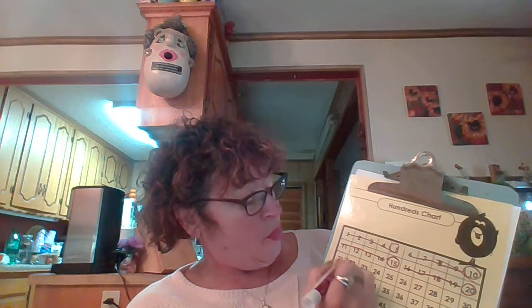1, 2, 3, 4, 5. There's another group. 1, 2, 3, 4, 5. There's another group. And remember, I needed 7 groups, so I've got to keep going. 1, 2, 3, 4, 5. 1, 2, 3, 4, 5.